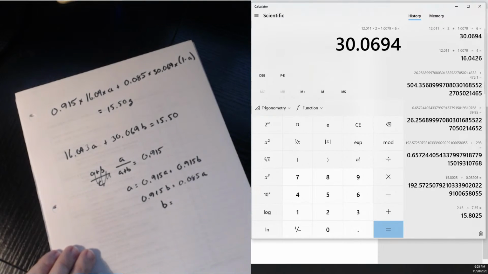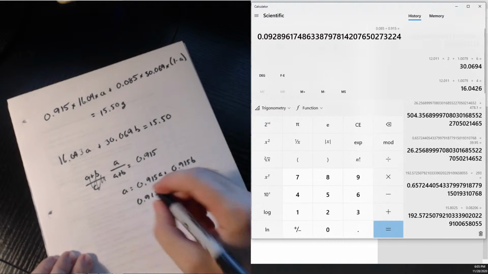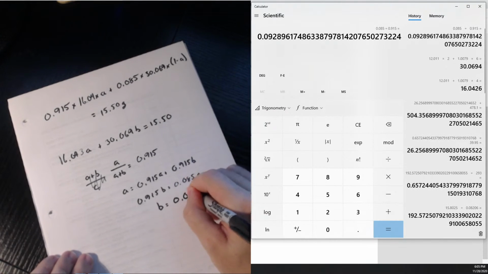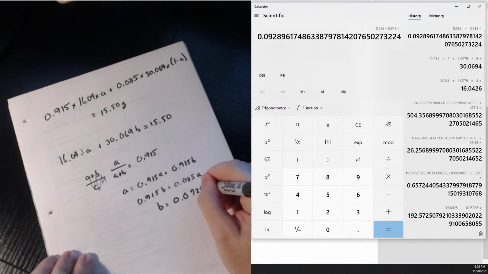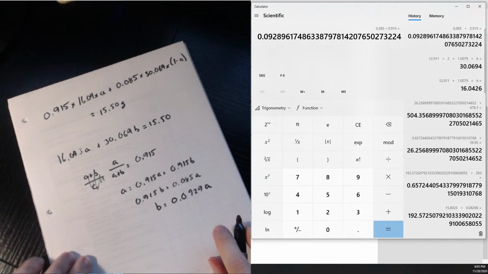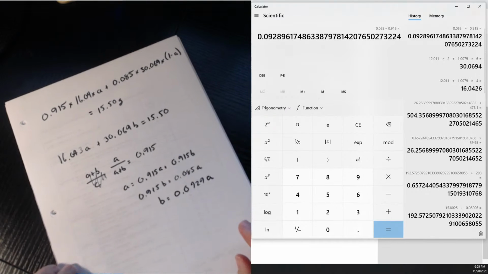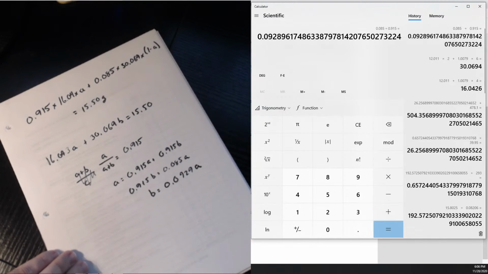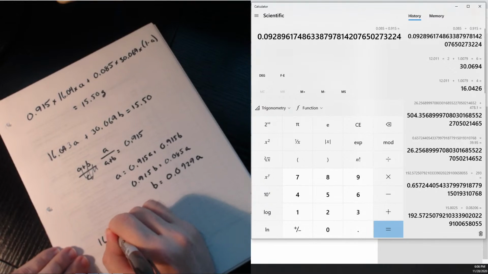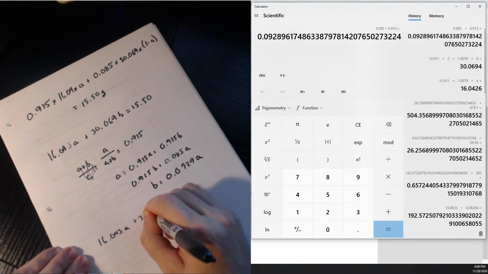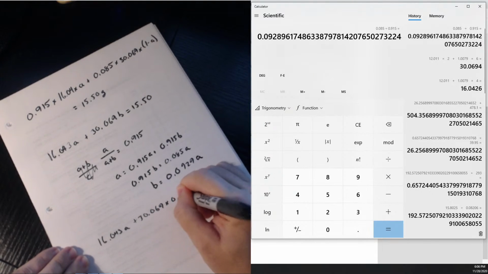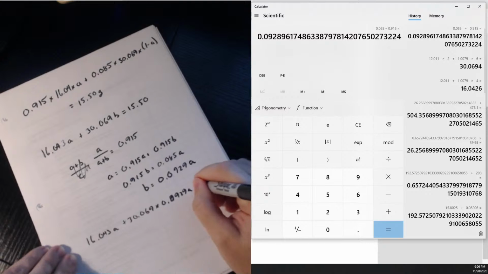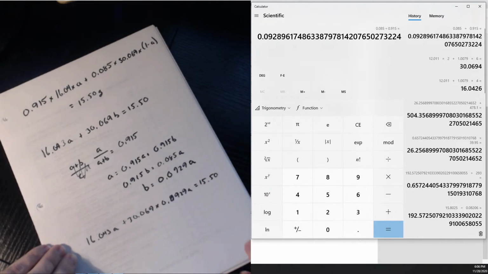B is equal to 0.085 divided by 0.915, 0.0929A. I may be overthinking the hell out of this problem, but 16.043A plus 30.069 times 0.0929A is equal to 15.50.